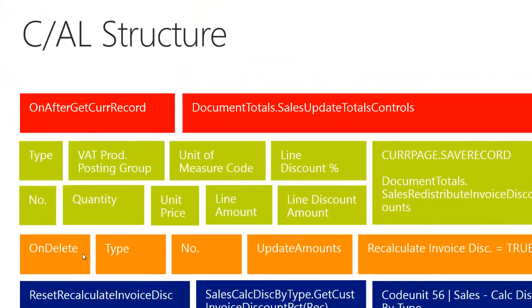So we've gone through the AL structure from the OnAfterGetRecord, where the SalesUpdateTotalControls is called, through the 9 fields where, depending on the indicator, the sales line discount is recalculated. We discussed the fields that trigger the recalculation in the sales line, and lastly we looked at the functions in the Document Totals codeunit and the sales line calculate discount.